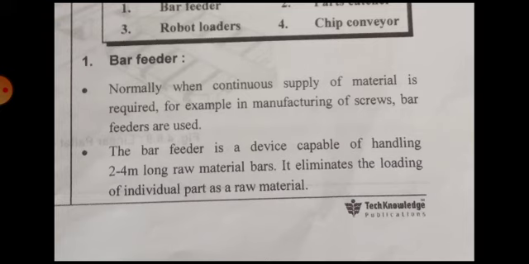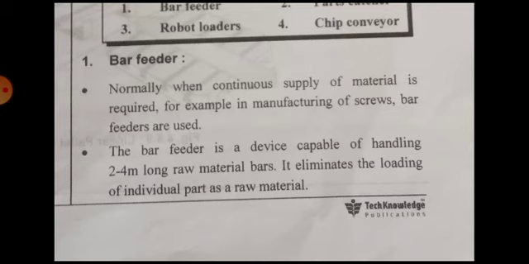Okay, each time a screw will be manufactured and cut off, then this wire flows further to the desired length and will give the screw. Okay, the screw will be manufactured on that particular wire.